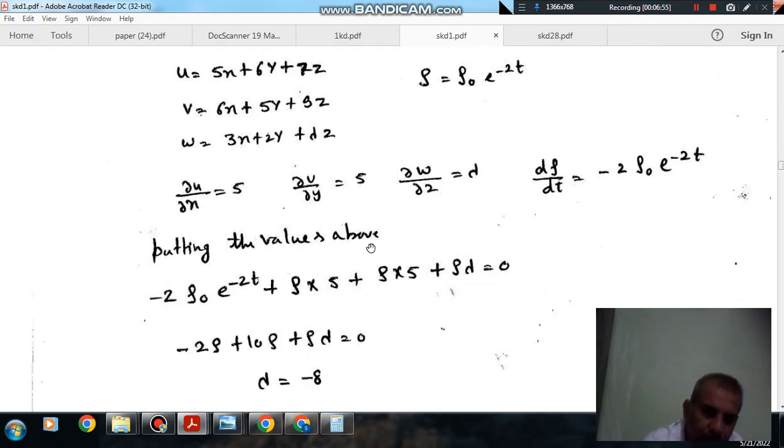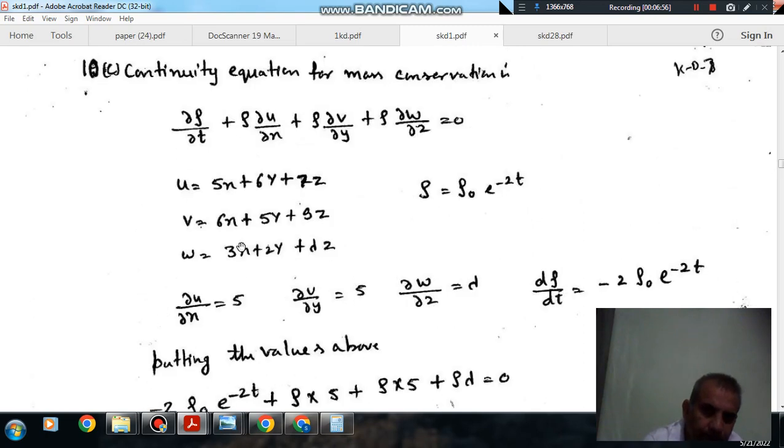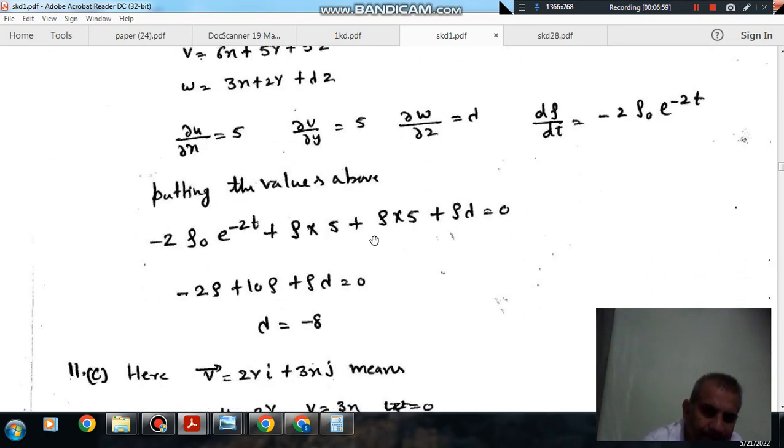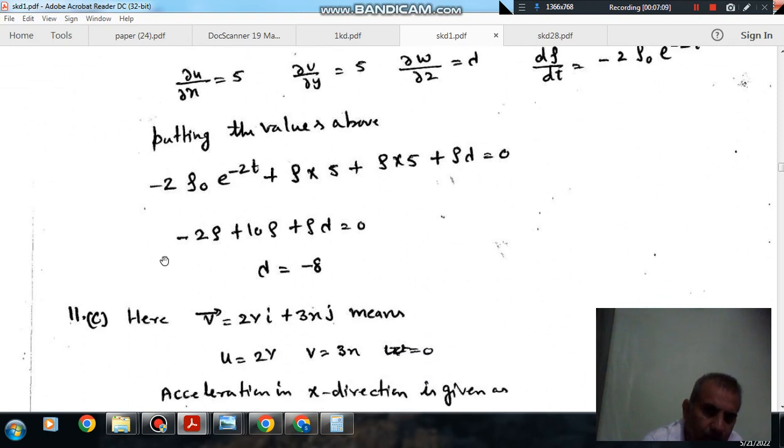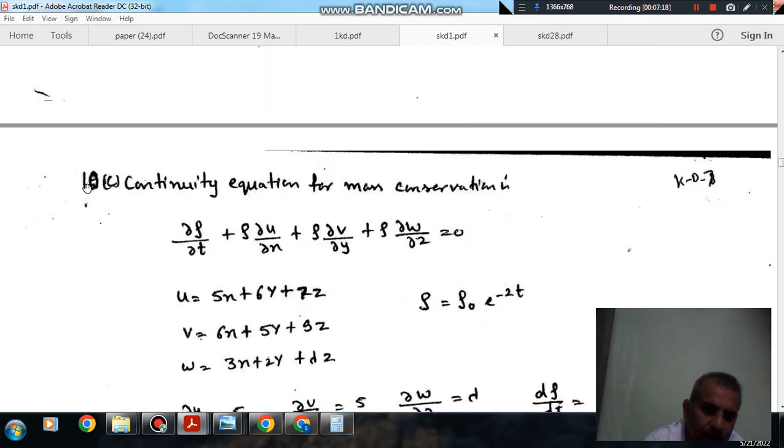Putting the values in, minus 2 rho naught e to the minus 2t plus rho into 5 plus rho into 5 plus rho lambda is equal to 0. So lambda will be minus e. So the answer is lambda is minus e. Answer is option C.